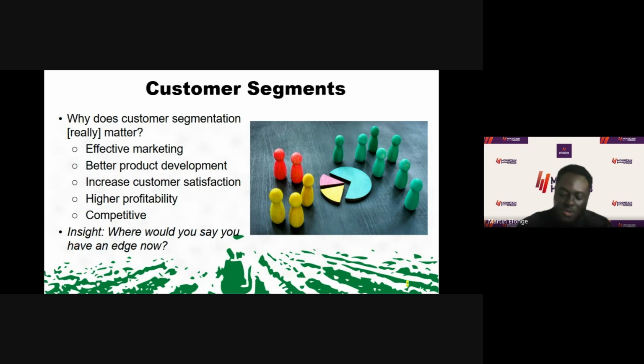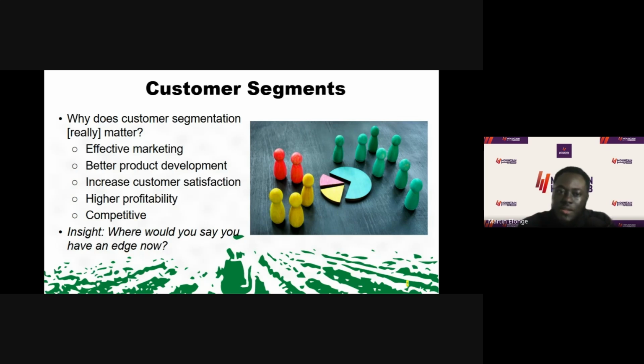You know, in the previous slides, we talked about needs and wants. What are the features in our product? What are the service offers that we're providing? And how do they meet their needs to get them satisfied? And all of these should culminate in higher profitability, because if we're able to communicate with the customers whom we've identified, we're able to develop the products along the value chain that meet their various needs.